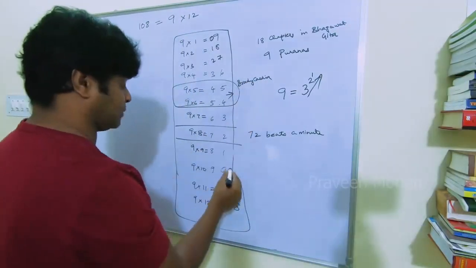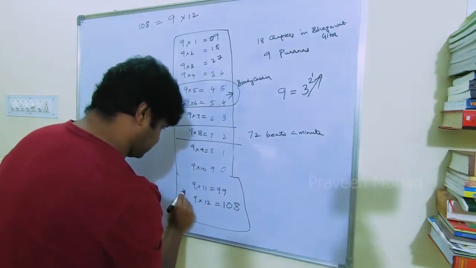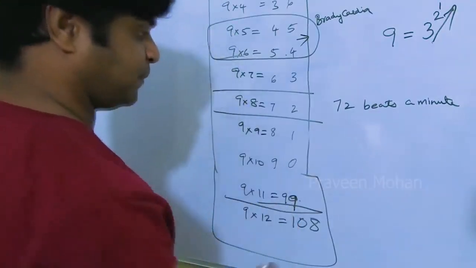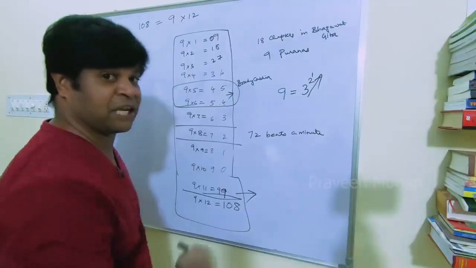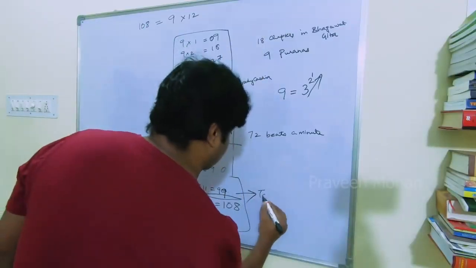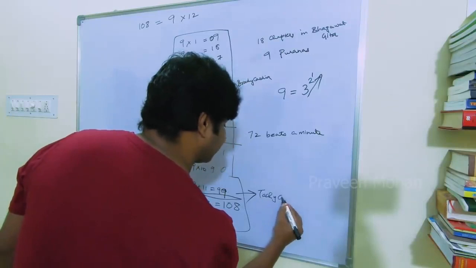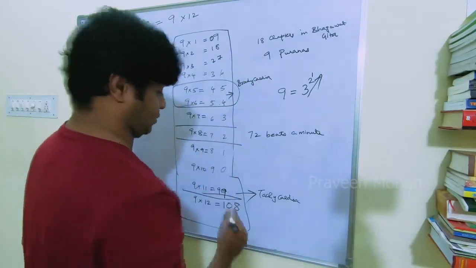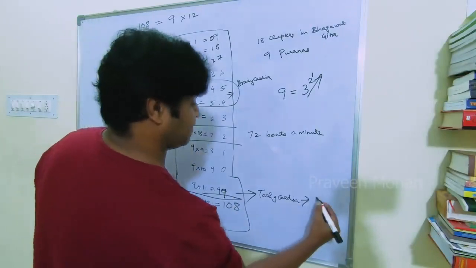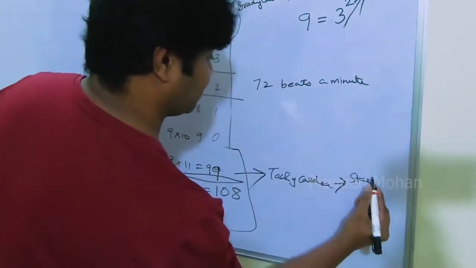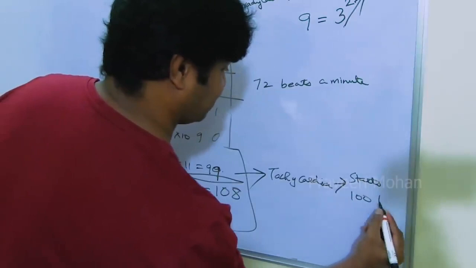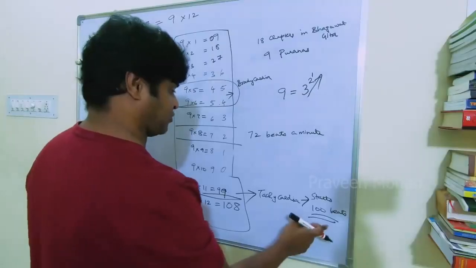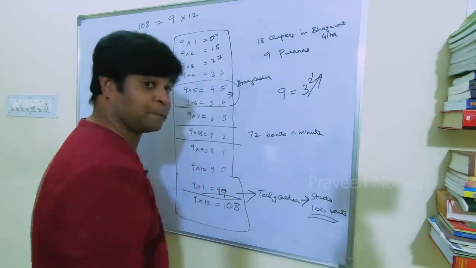Now, if your heart goes to this level, 99, then it's become dangerously high. This is called tachycardia. Now, if you're a cardiologist or if you're a doctor, you can say, well, no, the tachycardia level starts from 100 beats a minute. This is the current modern medicine practice. That's not 99.